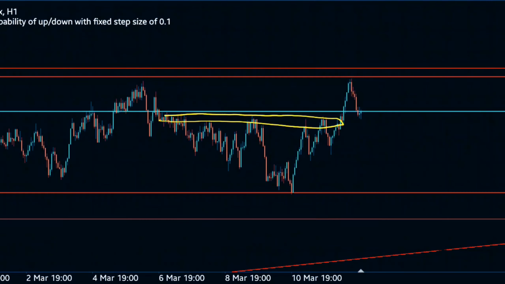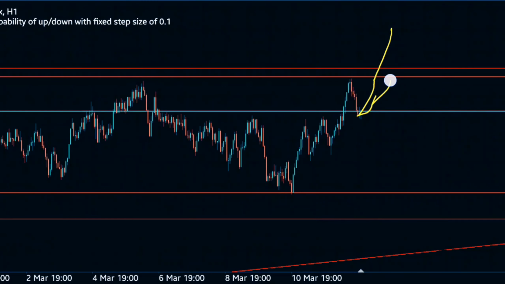Price is currently at that area. For people who love to trade range, price could bounce and break because we're in a bullish trend, or price could come down. We are not price, we are just reacting to what price tells us.